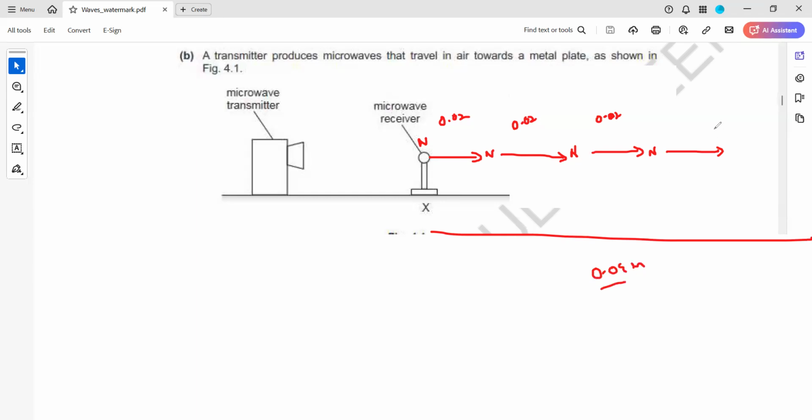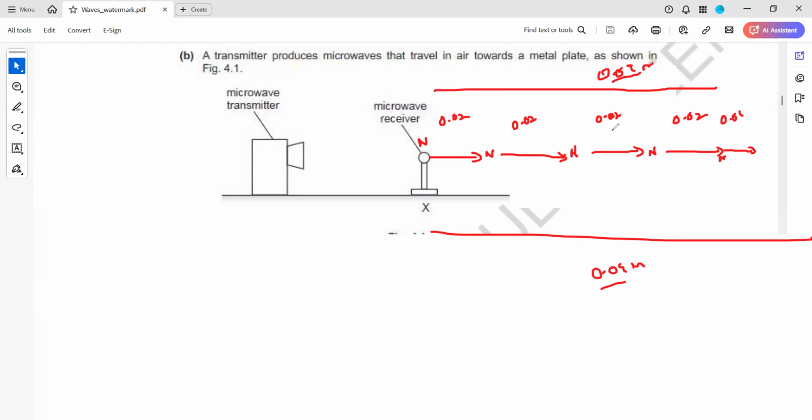So it means we have to move about 4.5 times. So 1, 2, 3, 4, and then 0.01. This distance will be 0.01, because 0.02, 0.02, 0.02, 0.02, and 0.01. What will the total distance moved be? It will be 0.09 meters.